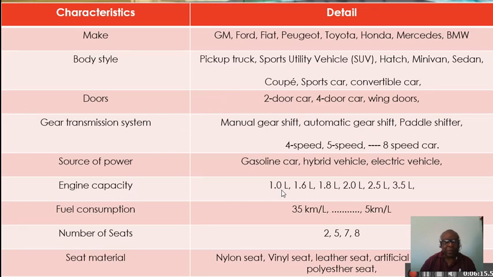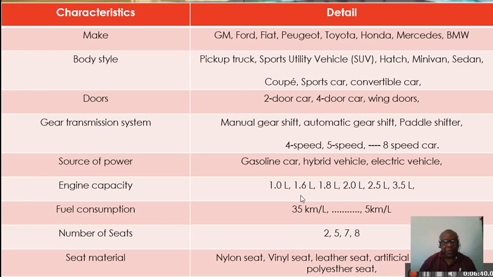We say this is a 1.0 liter engine, 1.6 liter, 1.8. Generally, we say 1.0, 1.6, 1.8, but really what it means is 1.0 liter, 1.6 liter, 1.8, 2.0 liter, 2.5 liter, 3.5 liter. You have, I think, 5 point something, 5.7, 5.8 liters.